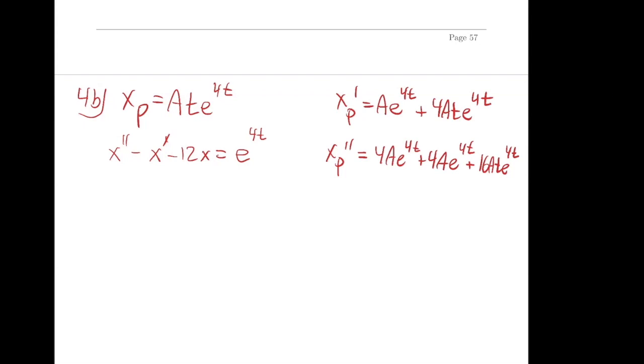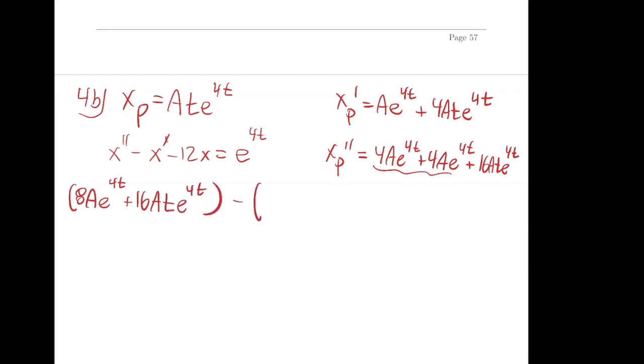And then we plug it into the differential equation and group terms and try and figure out what A needs to be. So combining these two together, I would have 8a e to the 4t plus 16at e to the 4t.